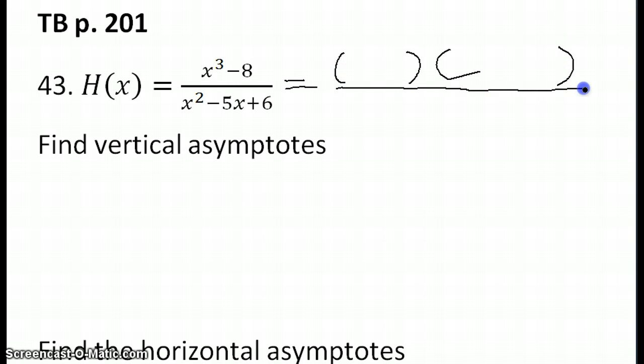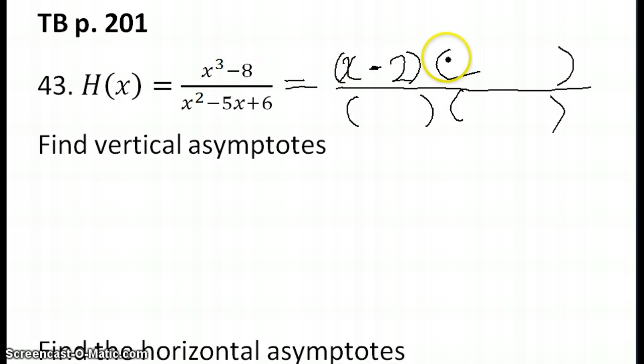So in the numerator we have to factor the difference of cubes, and then in the denominator we have to factor a quadratic. So in order to factor the difference of cubes, we take the cube root of the first, we take the cube root of the second, and we keep the sign. We forget about the problem now.